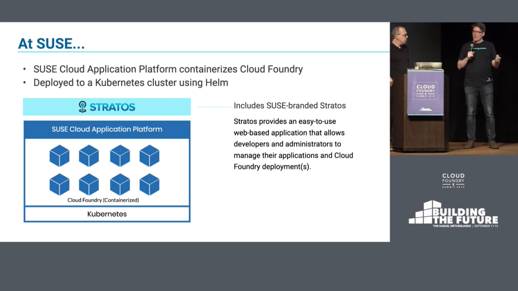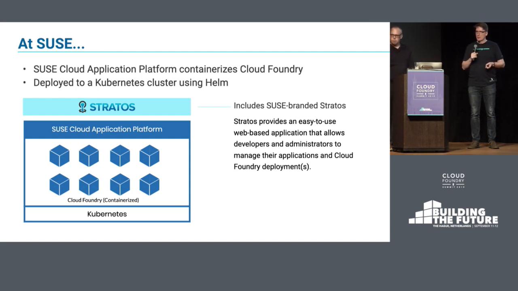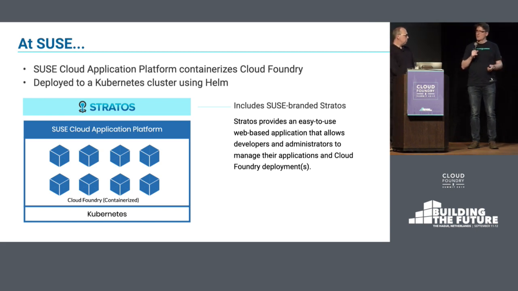So we have a containerized version of Cloud Foundry, which you've maybe heard a little bit about, SCF, SUSE Cloud Application Platform. It's deployed to a Kubernetes cluster using Helm. At least when we first released it, we were the only ones doing this.